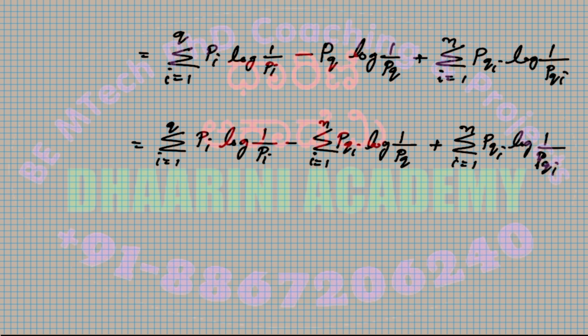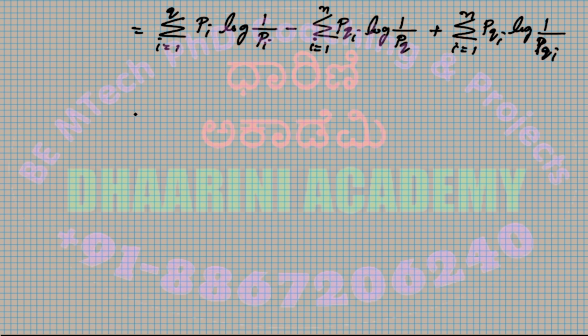Now I can see that among the last two terms, we have a summation that is common. Let me take that common out and see what happens. So this is equal to summation i is equal to 1 to q, Pi log 1 by Pi, plus summation i is equal to 1 to n, and I'll also take PQI outside.